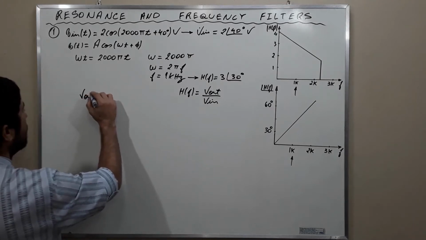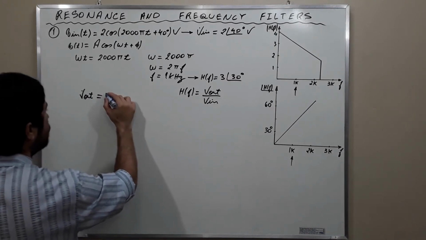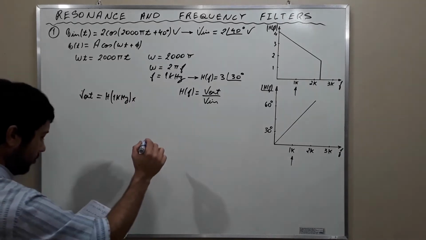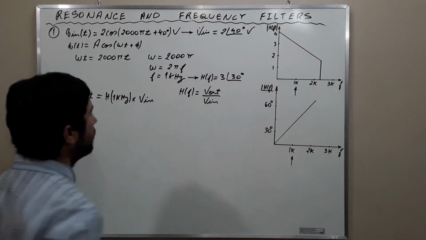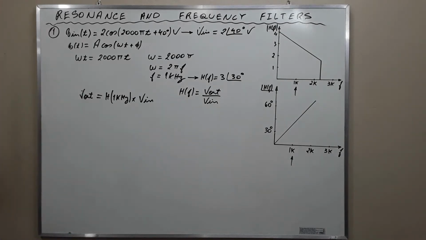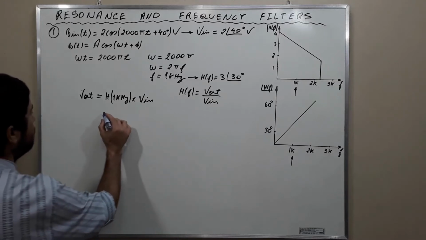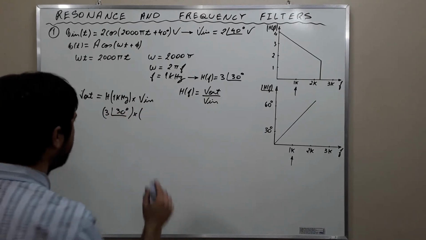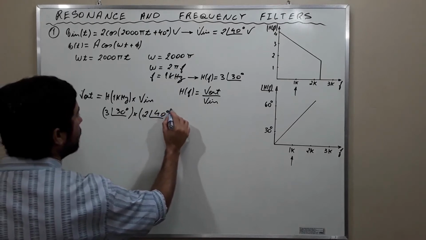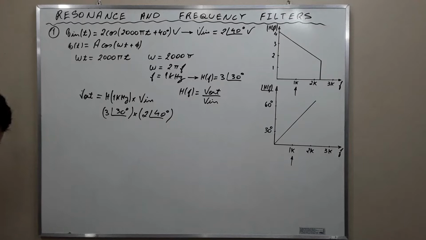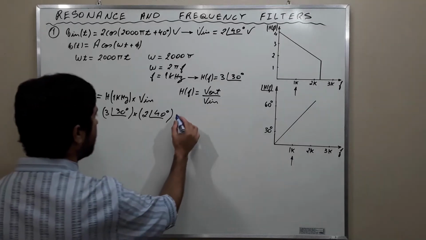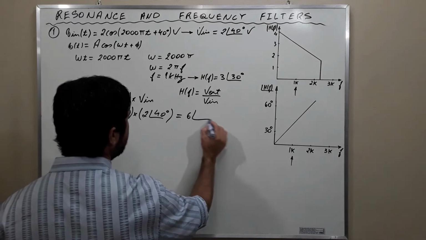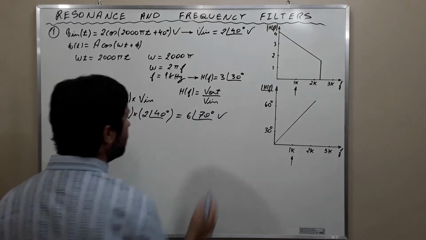Thus, Vout is equal to H for 1 kilohertz times the input voltage phasor, and this is 3 phase 30 degrees times 2 phase 40 degrees, and we find that the output voltage phasor is 6 phase 70 degrees.